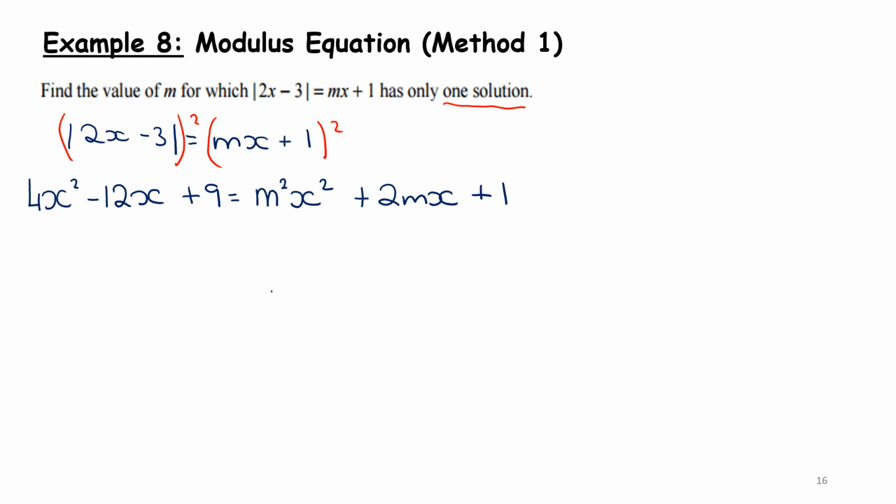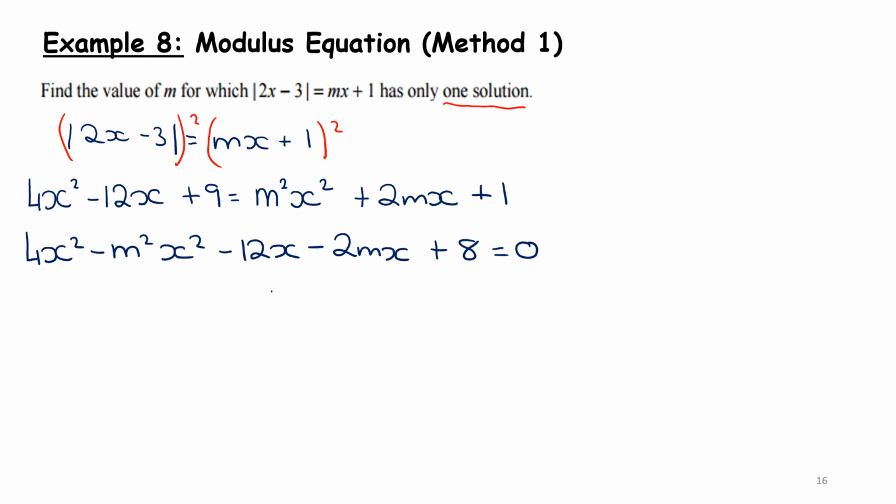So now what I have is a quadratic, and I want to bring everything to the left-hand side. So I have 4x squared minus m squared x squared minus 12x minus 2mx plus 9, take away 1, it's plus 8 equals 0.